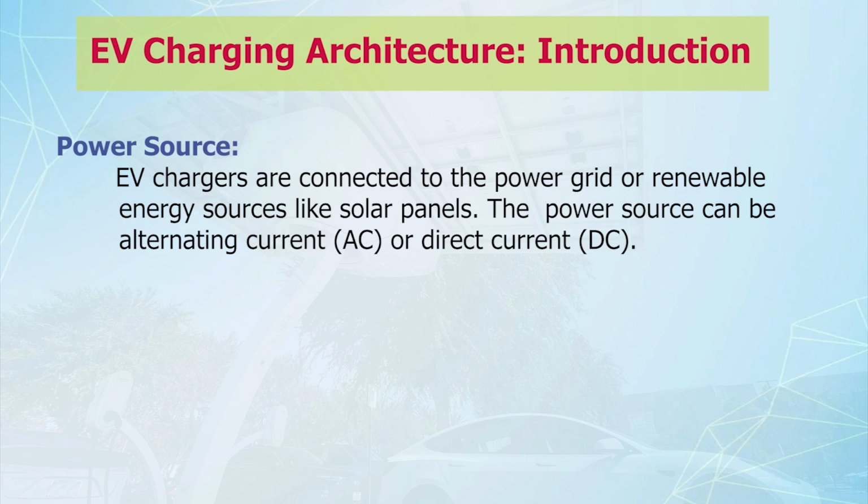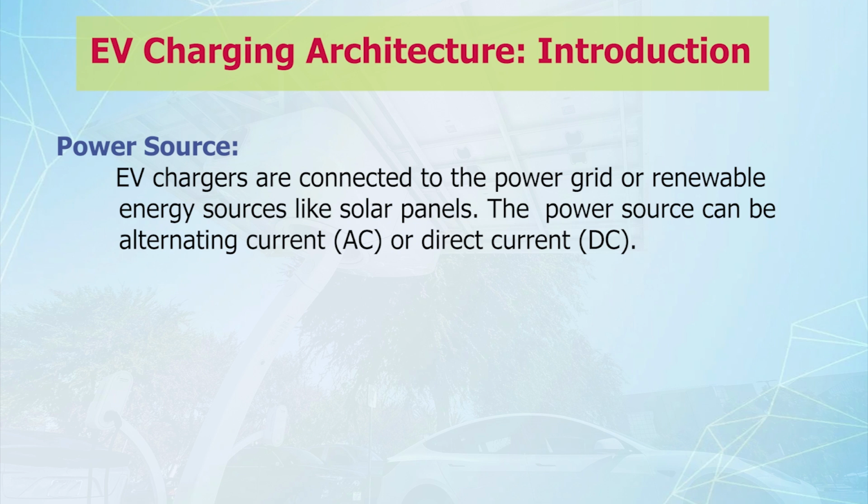The power source can be alternating in nature, or it can be DC power we can take from sources like solar PV, which deliver DC power. However, if we talk about the power grids, they are providing AC power by which we can integrate these onboard and offboard chargers.